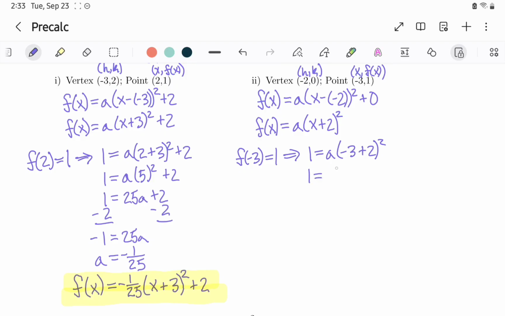We can simplify: 1 equals a, and then -3 plus 2 is -1, squared. And (-1) squared is, of course, just 1, so we end up with 1 equals a. So f of x is equal to (x plus 2) squared.